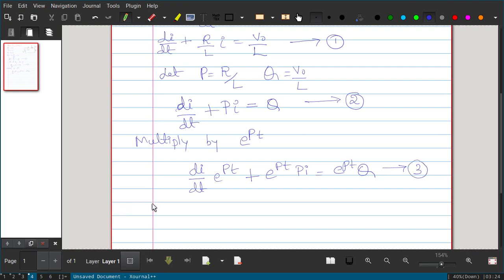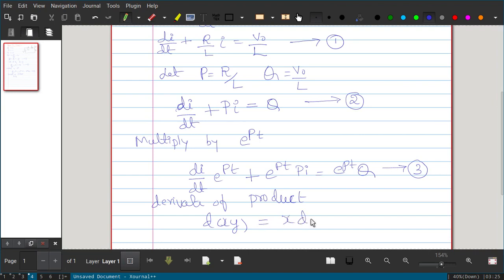Now if we consider the derivative of a product, that is d of xy is nothing but x dy plus y dx. In this, let x equal to i and y equal to e power pt.